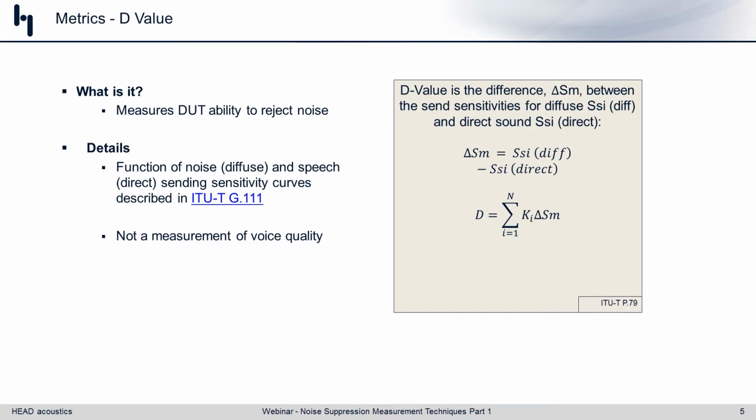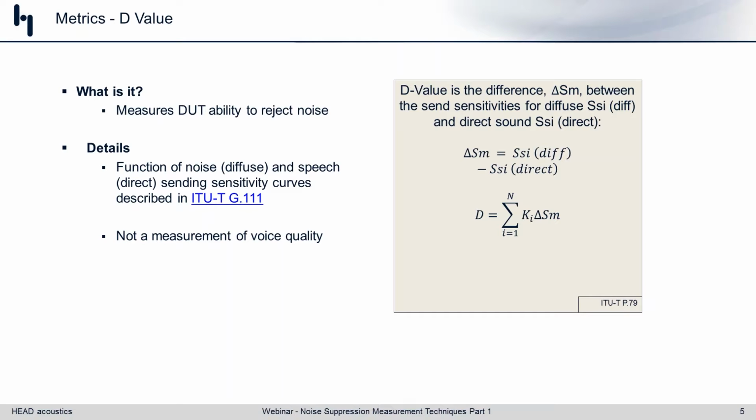The fundamental principle of D-value is we measure what we call the sensitivity of the diffuse noise. So that's what we call background noise. And we look at the delta between that and the direct noise or the direct sound, which is the speech.